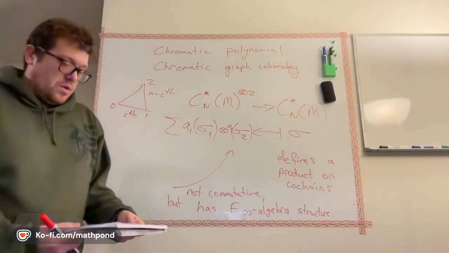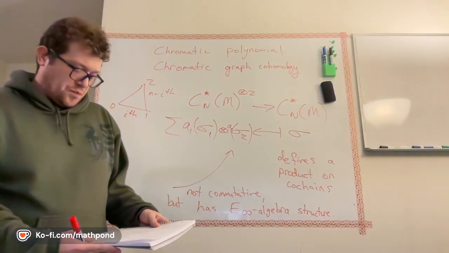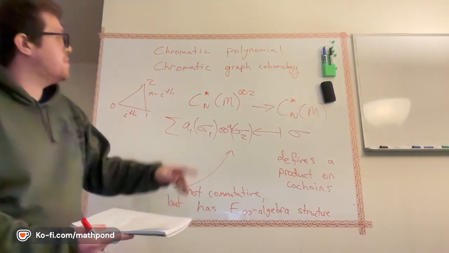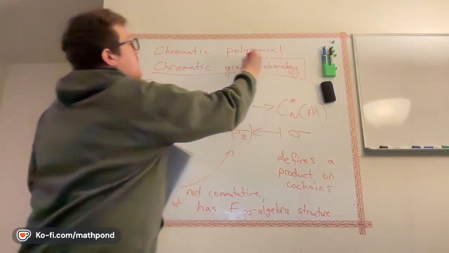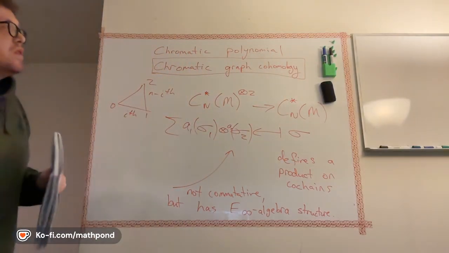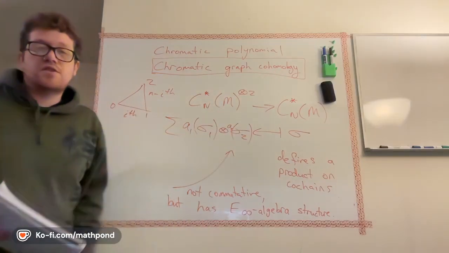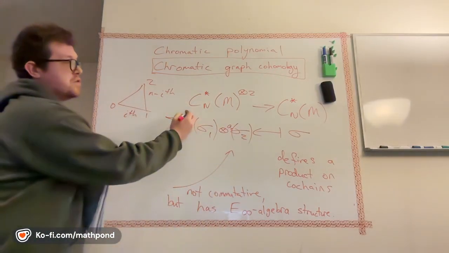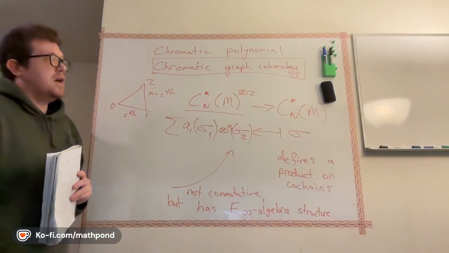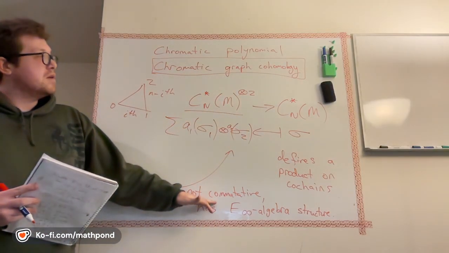Okay, so let me go back to the paper. Or actually, let me show you how to define this. This graph cohomology stuff makes sense as long as you're dealing with a commutative algebra. So we actually can't use the cochains themselves because, like we just said, they're not commutative.